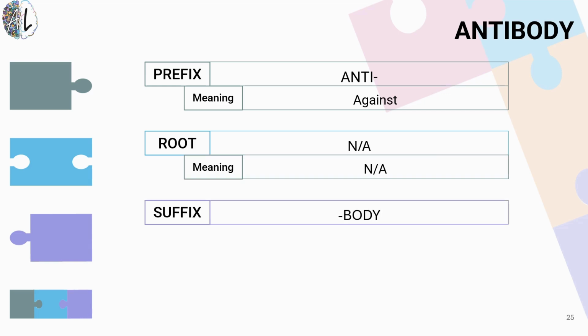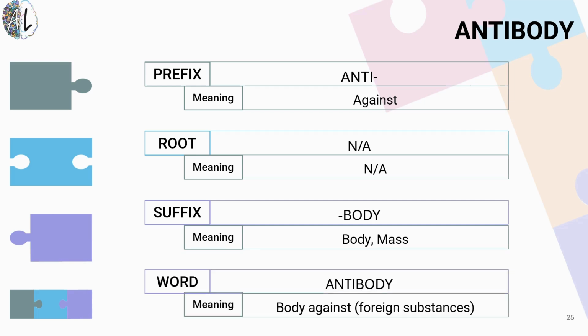There is no root term in this case. And the suffix here is body, which literally refers to a body or an object or something with mass. So the term antibody is a body or a mass that's against, and it's literally against a foreign substance. So a virus, a parasite, a bacteria, your antibodies are going to help fight those things off. They are considered a foreign substance to our body.